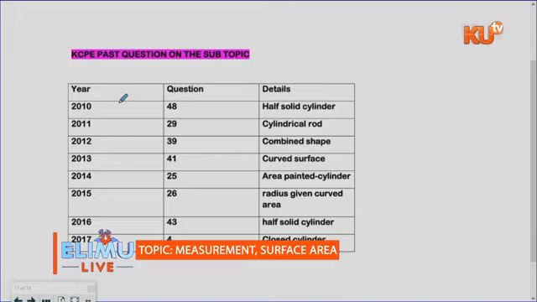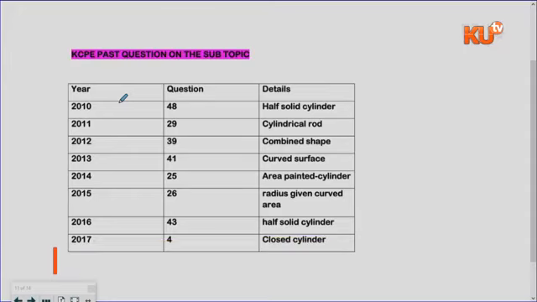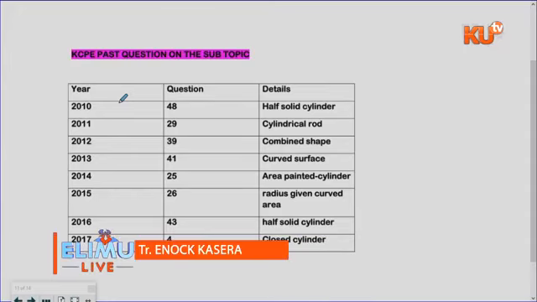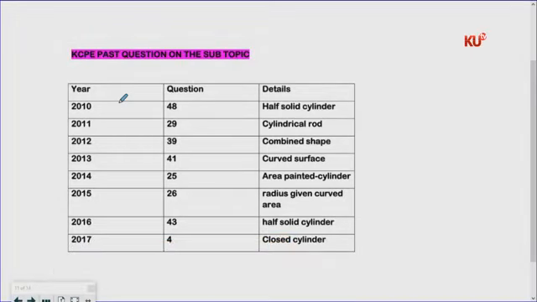So this half solid cylinder, you're supposed to find the surface area. Remember the formula, surface area of half a solid is equal to cross section area times 2, then plus perimeter of the cross section times length.